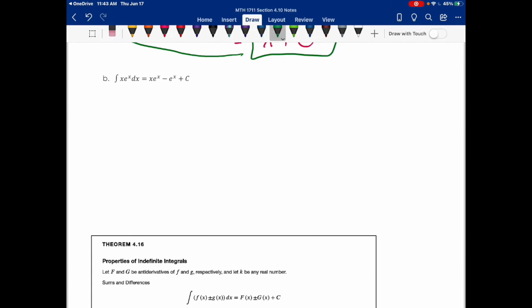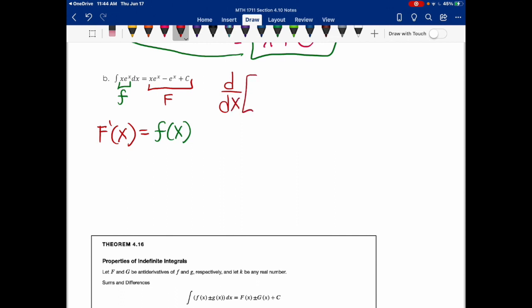Okay, next one, same thing. I'm going to call this function f, and then I'm going to call this function capital F. I want to show that if I take the derivative of capital F, I'm going to get my function lowercase f.